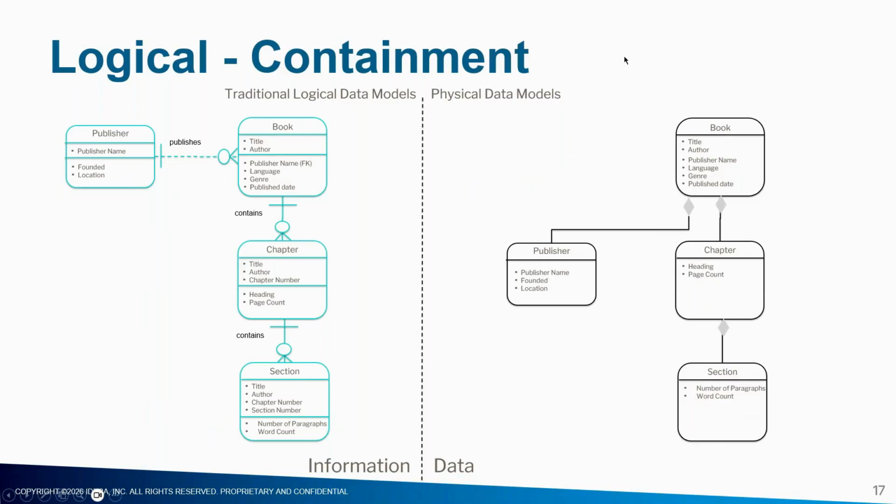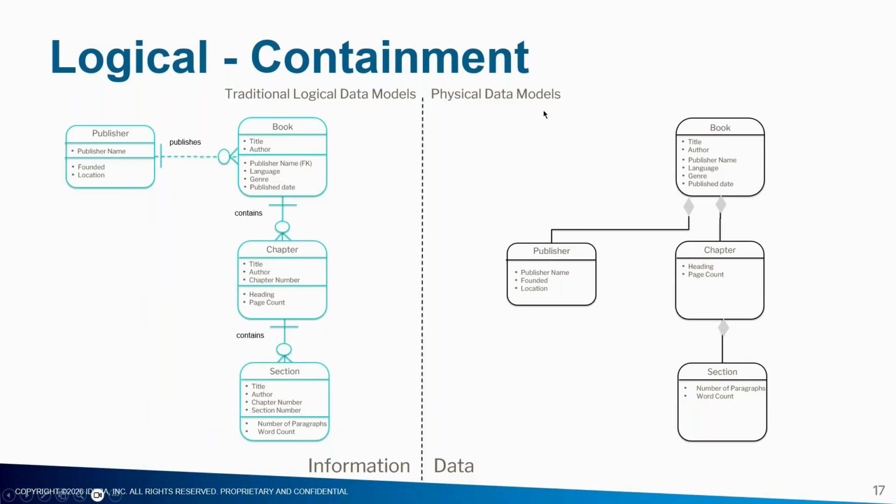ERStudio also supports another way of organizing things at the physical layer with what we call containment relationships. So this looks a little bit different. This is something that NoSQL implementations like Mongo use quite extensively, and we also utilize it in the way in which we work with JSON files. But again, logical model, not really any different.